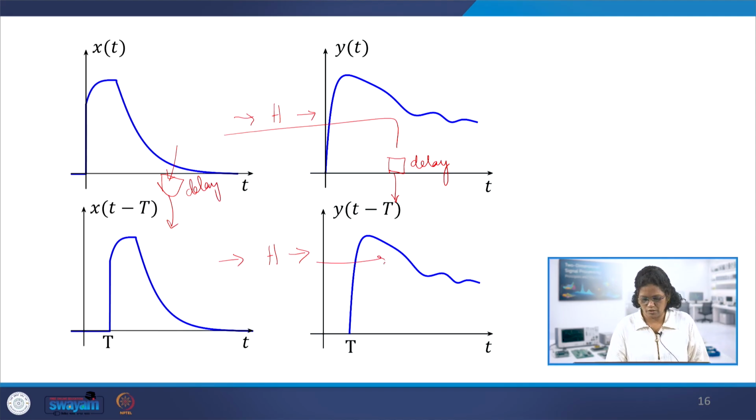Both should match, either way. So the output should be y of t minus T for the case of time invariant systems.